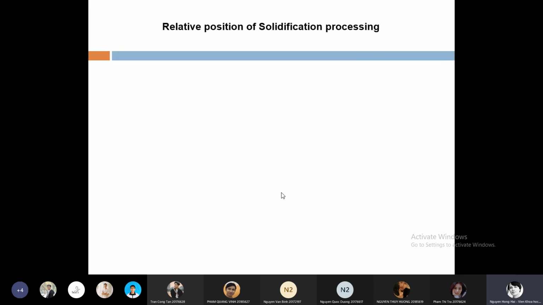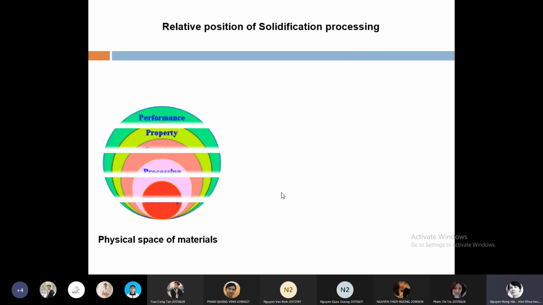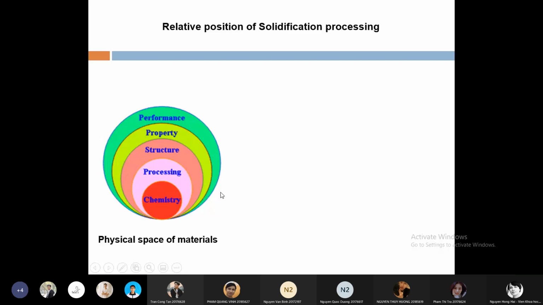So now the relative position of solidification processes. We know this cycle; I did this cycle already in the previous course. It is the physical space of material, and in the center is the chemistry, I mean the chemical composition of the material, of the alloy.